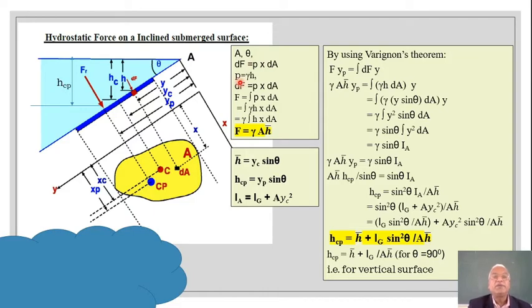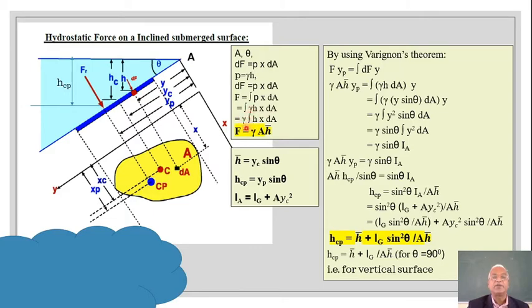So P is given by gamma into H. So I substitute in dF: dF is gamma H dA. Then if I want the total force F acting on the whole area, that will be integrated: integration of gamma H dA. Gamma is a constant, that is, the specific weight of the liquid is constant.